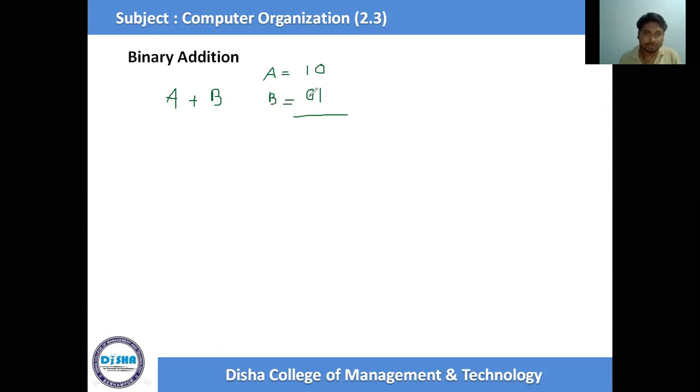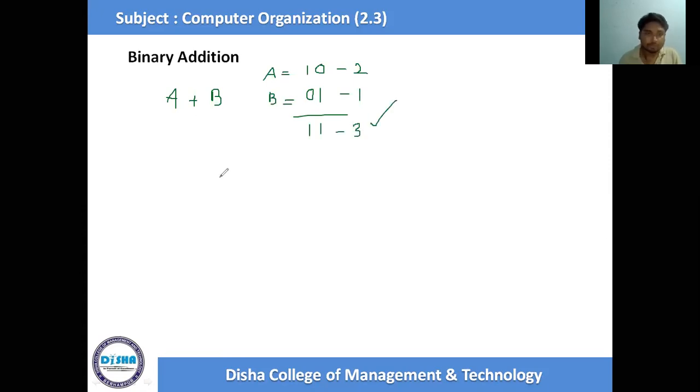Simply add 0 plus 1 is 1, and the carry is 0. Next stage 1 plus 0 is 1. The decimal value is 2 and this decimal value is 1, and when we add 2 plus 1, that becomes 3, the result is 3, so it is correct.